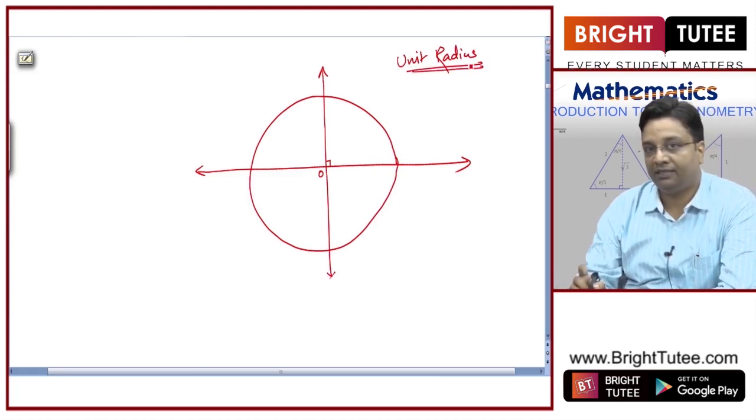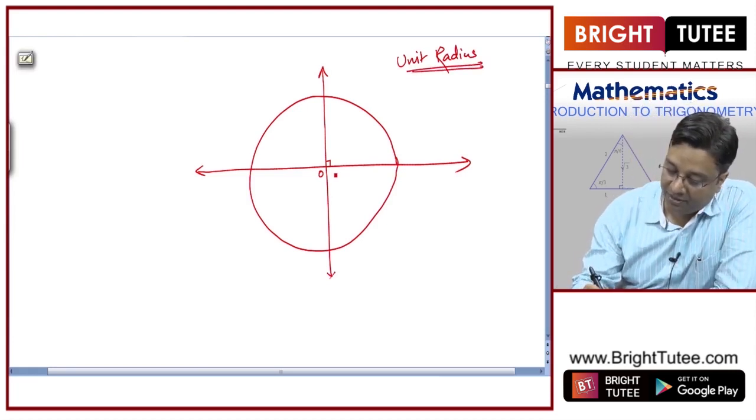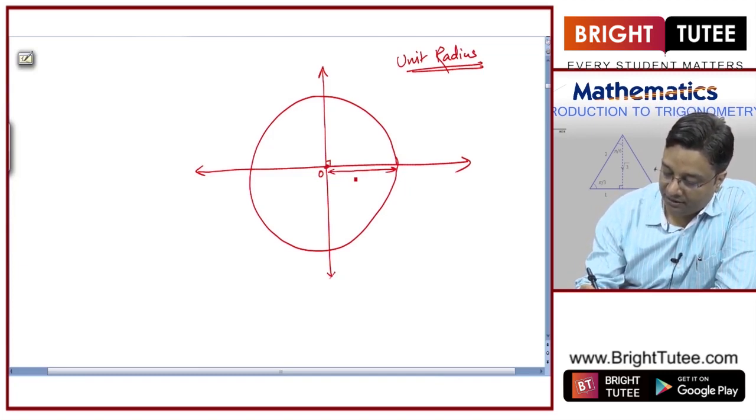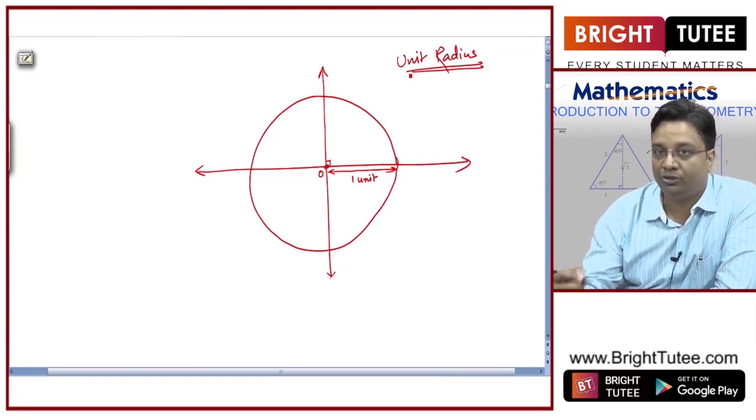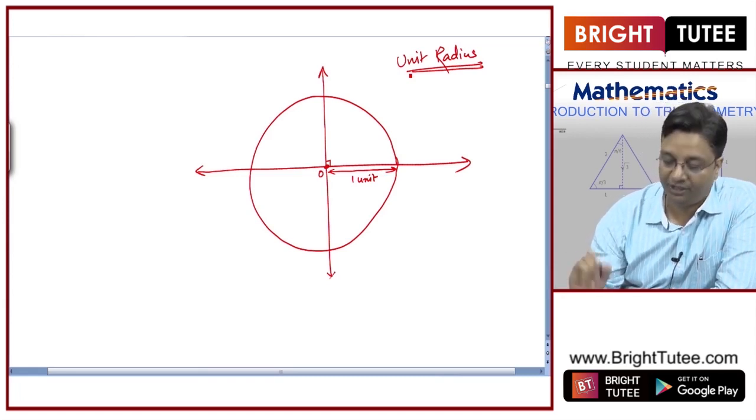Let us understand this concept here, be very careful. This is unit radius. So this is the center, so this length is 1 unit. That is why we call it unit circle, because the radius is unity, 1 unit.